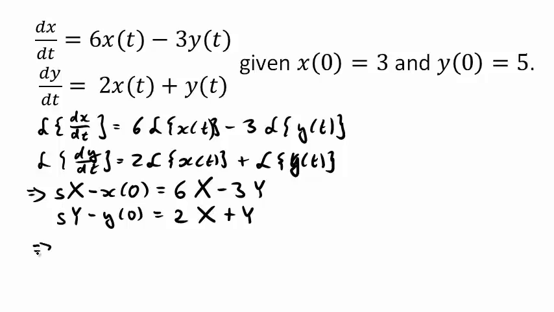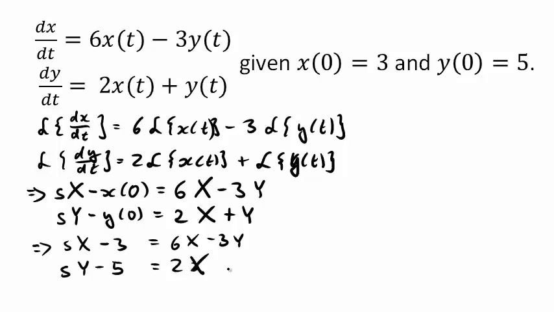But before we do anything else, let's just substitute in the initial values. So x(0) is 3, so I get minus 3 here, and the right hand side stays the way it is. And for the second equation, a similar thing, y(0) is 5, so I get minus 5 here, and that's equal to 2X plus Y. So one more step.